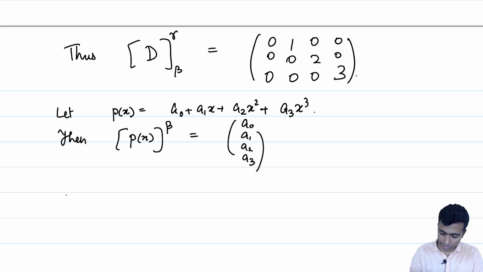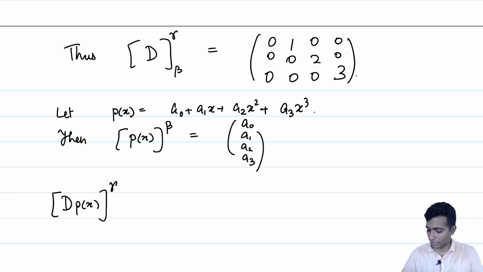Now, what is going to be dp of x with respect to gamma from whatever we have developed so far?